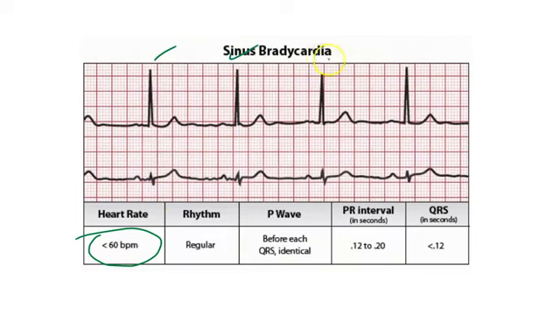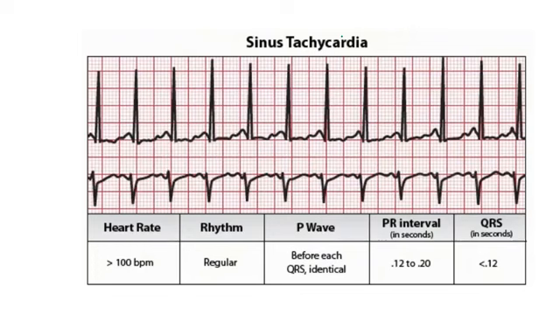Each of these complexes shows a heartbeat, a cardiac cycle. So if we find a low number of heartbeats, the heart rate decreases during the sinus bradycardia.